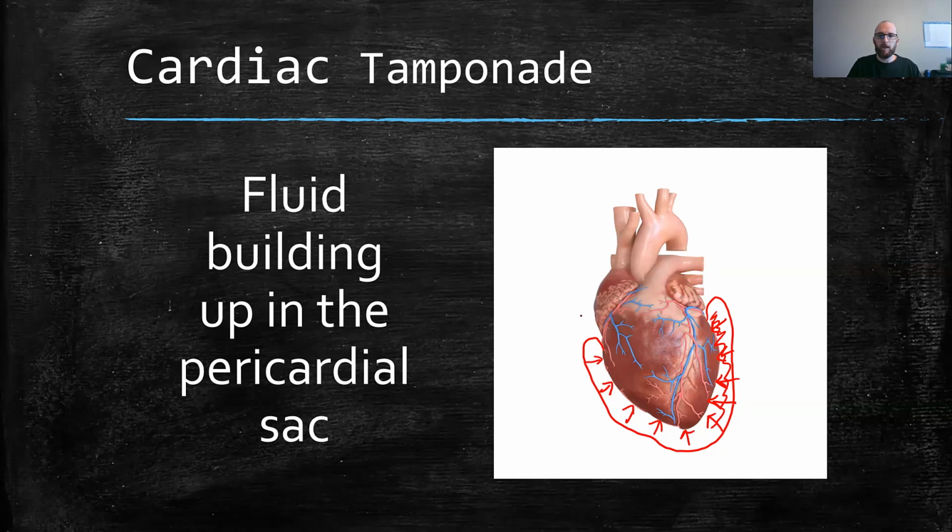So it's that blood filling up in the pericardial sac, but you can get cardiac tamponade where it's fluid that's building up because of cancers or infections, other things. So officially, it's just fluid building up in that pericardial sac. And then again, in the context here with trauma, it's going to be the blood that's filling up.